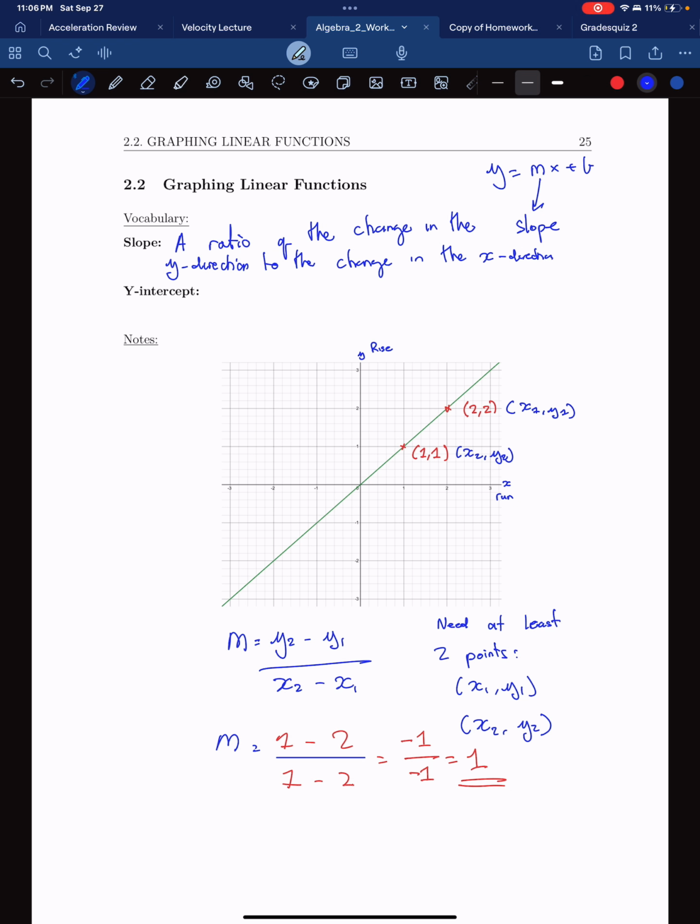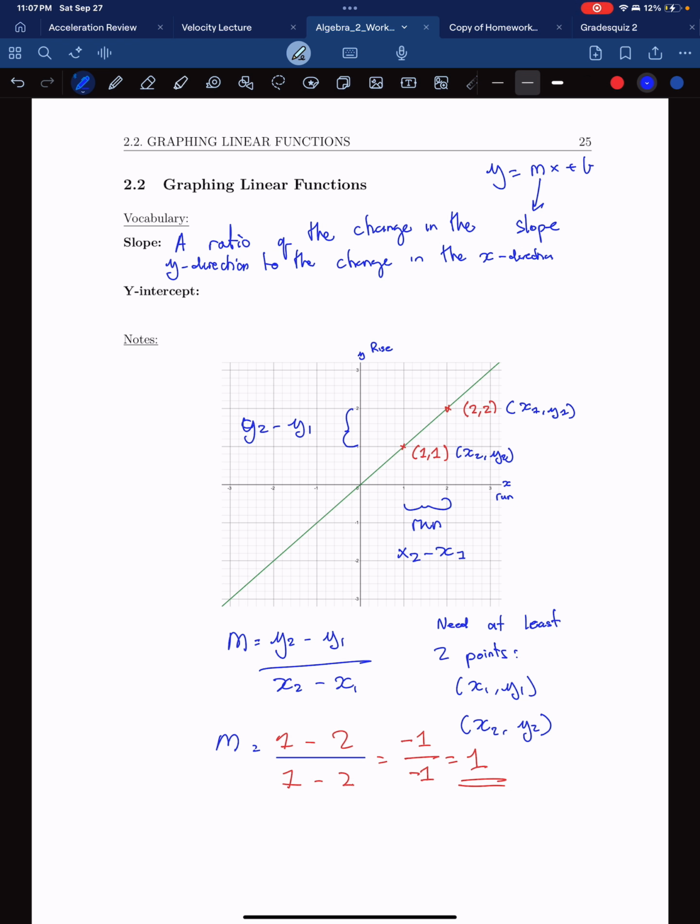Let me give you a good definition. Slope: a ratio of the change in the y direction to the change in the x direction. One more thing before this video is done. This right here is the rise. The change in y is the rise, y2 minus y1, and the change in x is the run, x2 minus x1.